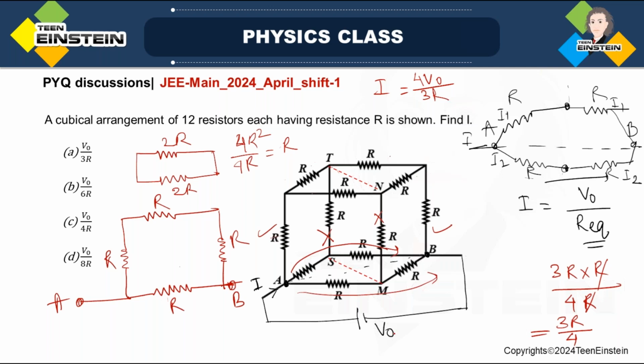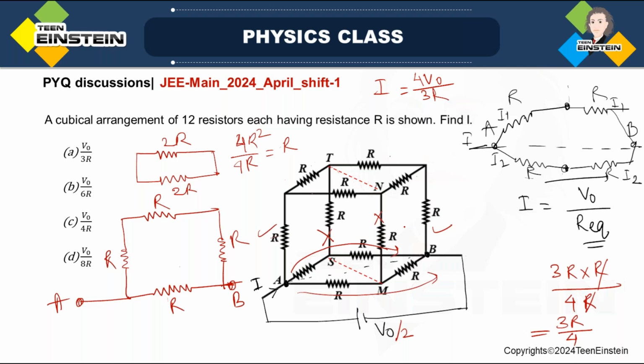I think I am doing some mistake in the figure, whether it is V0 or V0 by 2. I hope this is V0 by 2. So anyway, this is the way to do it. The answer will be V0 by 6R. I think this is 12 V0 or something.